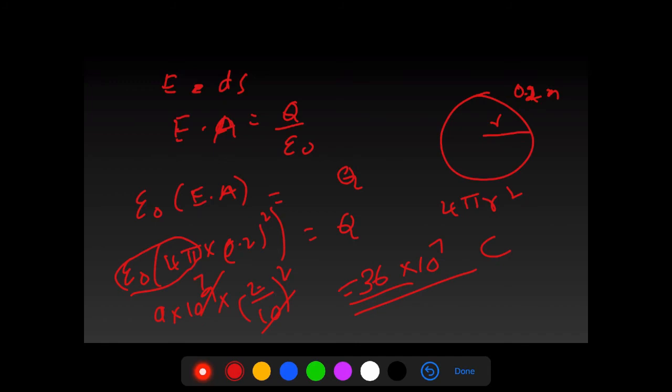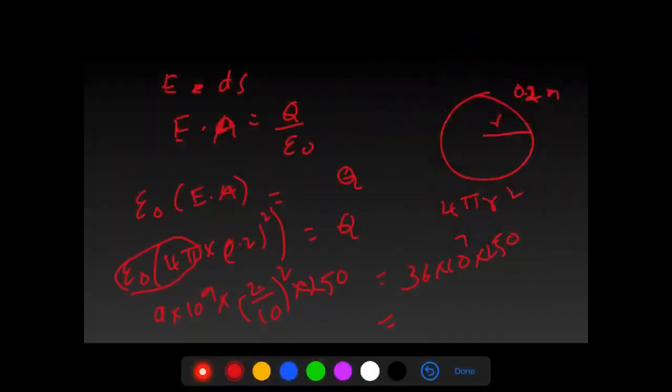Here we have made one mistake. We forgot the E value. This has to be multiplied with the E value, which is given as 250. So completely, 36 into 10 to the power of 7 into 250 comes to around 2.22 into something like that.